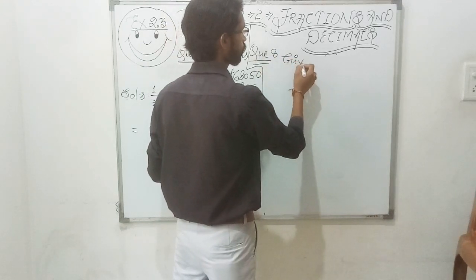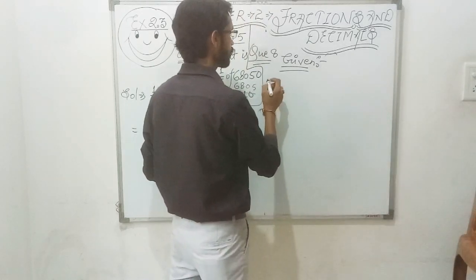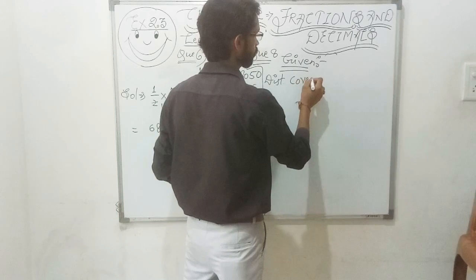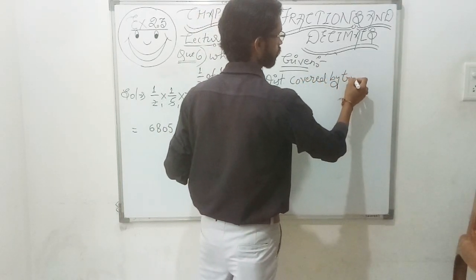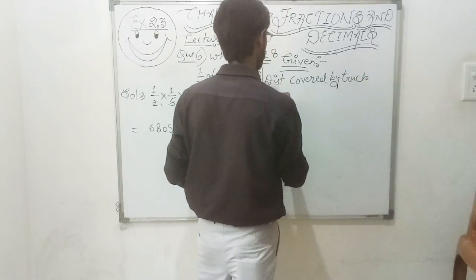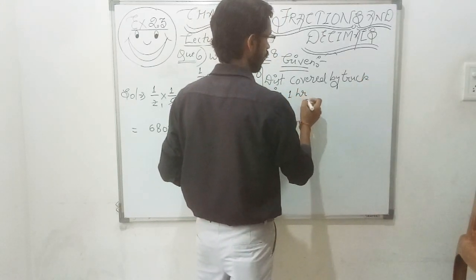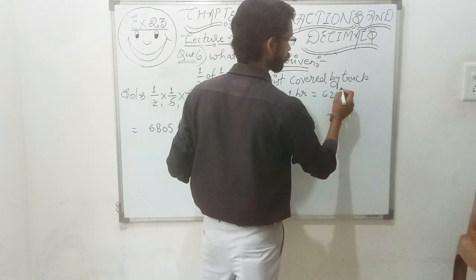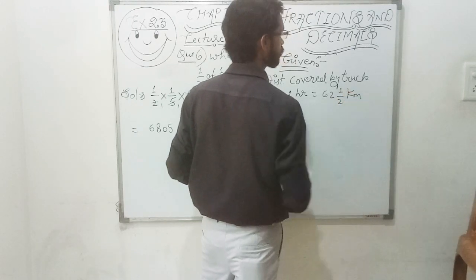As we used to do in the word problem, first of all, what is given? In the given, it's given that distance covered by truck in 1 hour is equal to how much? It's given 62 and 1 by 2 kilometer.